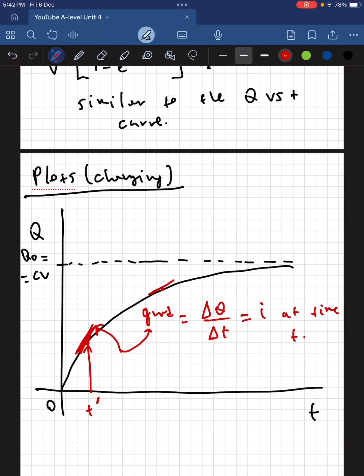If we go up here and find the slope, we're going to find the current at this time T prime. And notice something, the slope is maximum near the origin, near 0. And then the gradient reduces, and eventually the gradient becomes 0.